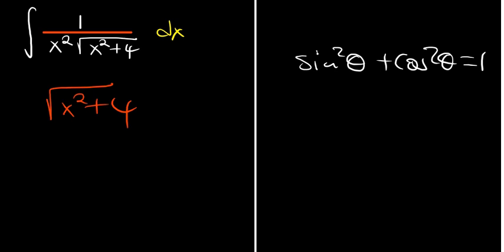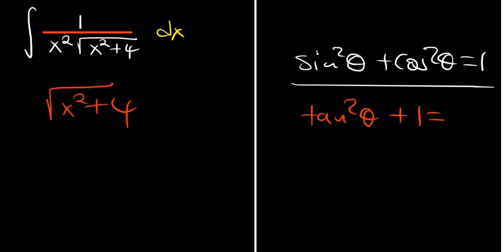You notice that it gives us the identity with tan, right? If you divide the entire equation by cosine squared of theta, you're going to have tan squared of theta plus 1 equal to secant squared of theta, right?